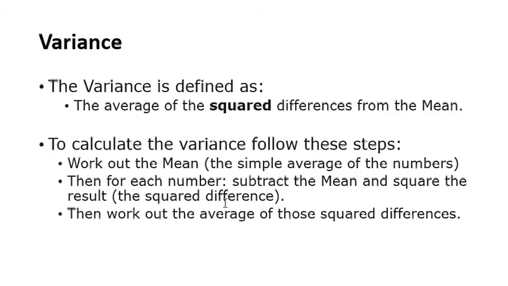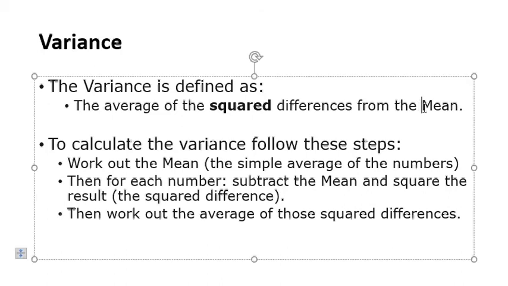The variance is defined as the average of the squared differences from the mean. Mean is equivalent to average. So the squared differences from the mean is the variance.